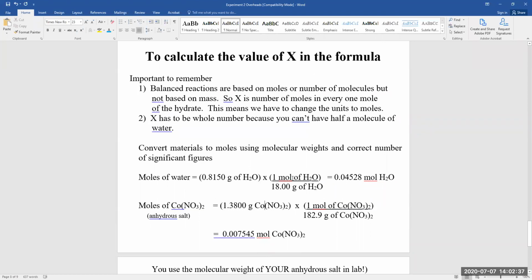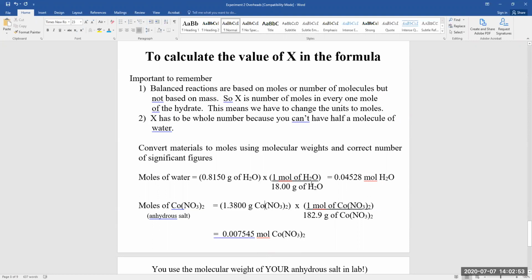The way to convert it to moles is to know the equivalency, the relationship between 1 mole of water and a set number of grams of water. So 1 mole of water weighs 18 grams.